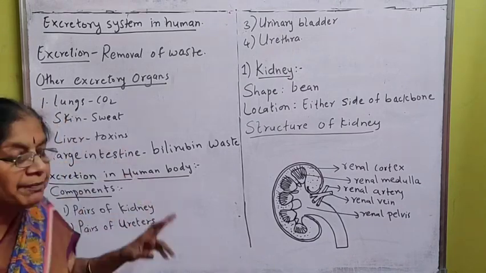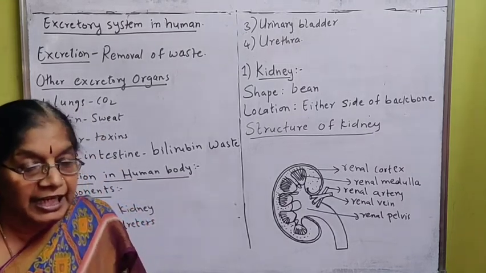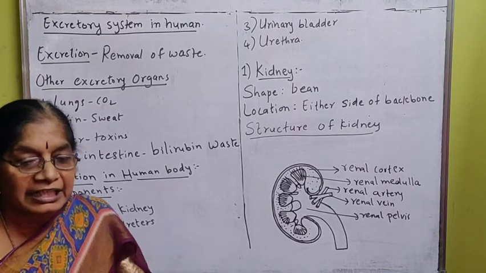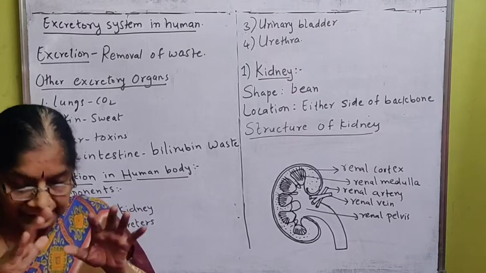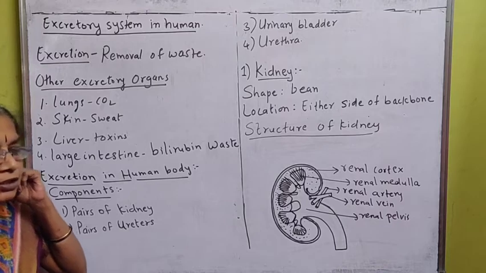The liver will help. Whatever bile juice is produced by the liver, it will see that the toxins are completely degraded so that they cannot react in our body. That is how the liver removes the toxins.